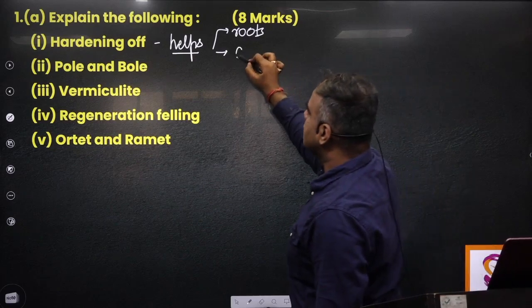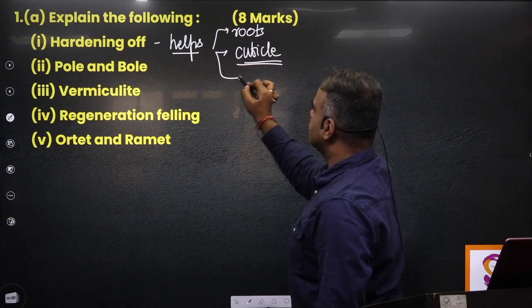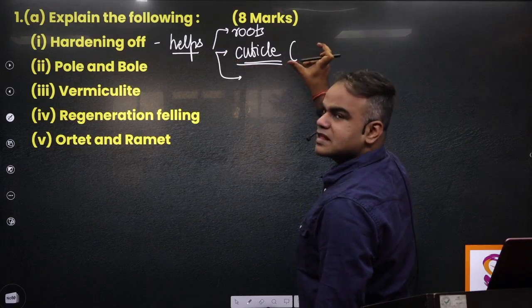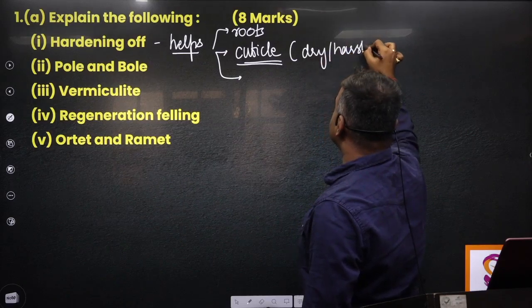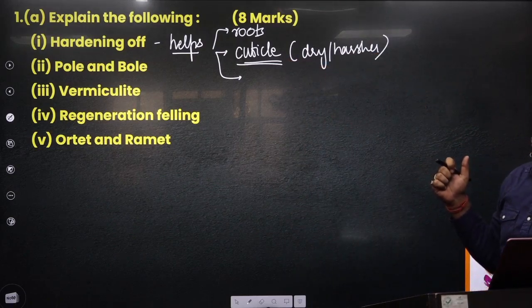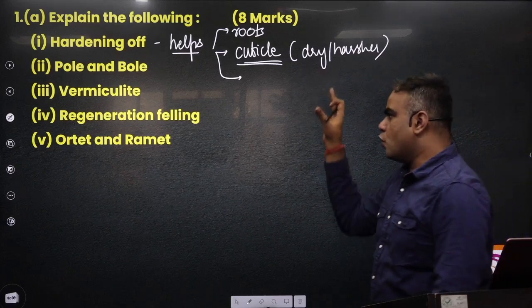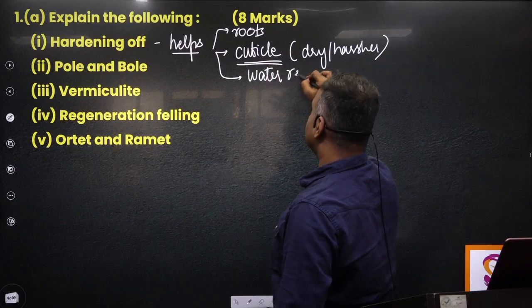Overall the cuticle is also important. For example, if there is a thick cuticle, in dry or harsher conditions the plant will be able to survive. If the roots are also widely spread out, that also helps. So overall there are better water retention mechanisms, for example.